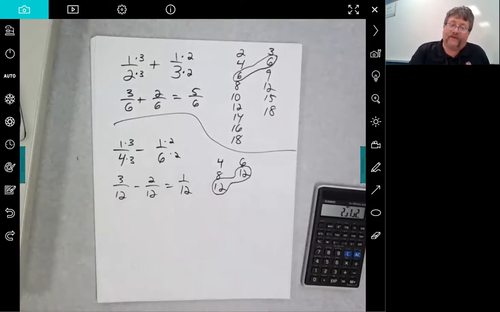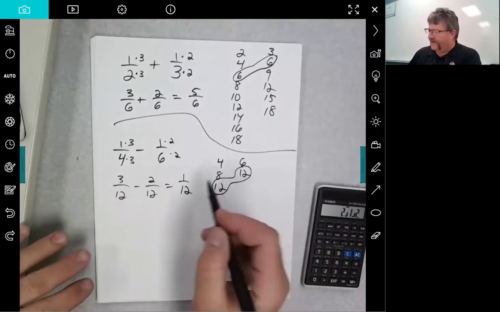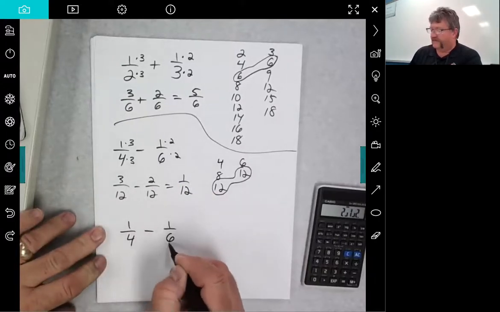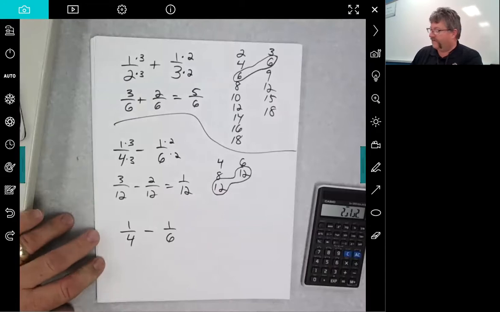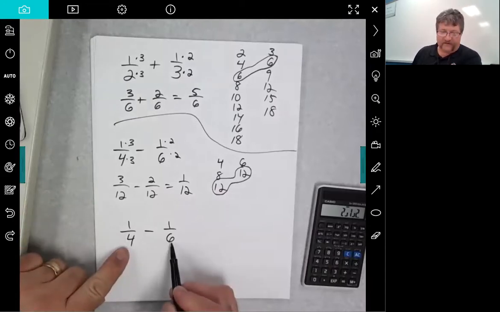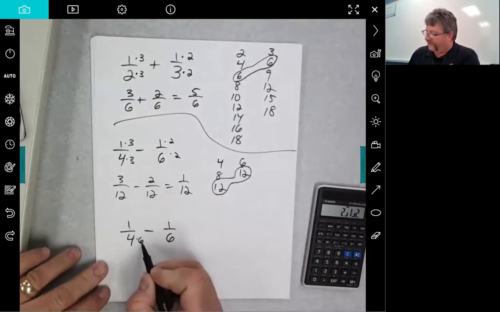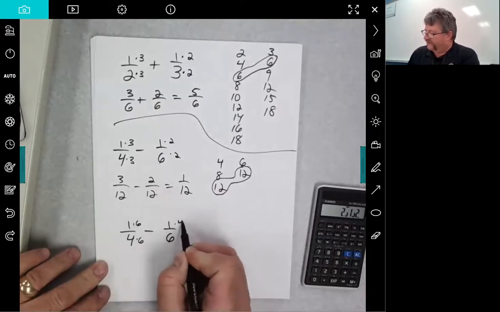Now, I might have had to reduce. You're not guaranteed to not have to reduce just by using the lowest common denominator. But if I had used the 24, I most certainly would have to reduce because that's not my lowest common denominator. It's an easy way to get one: 6 times 4 is 24. I multiply this one by 6, this one by 4.